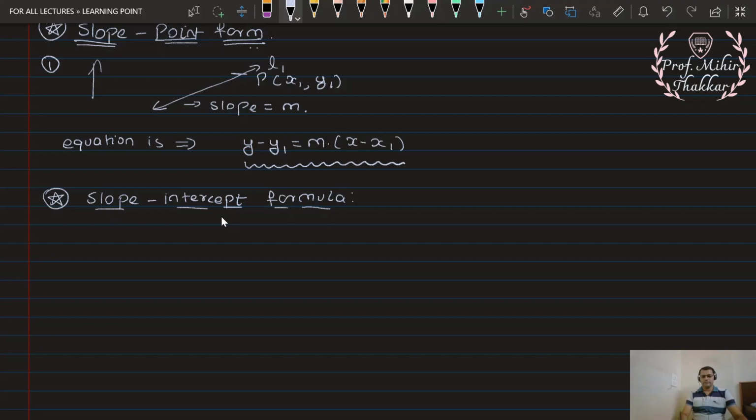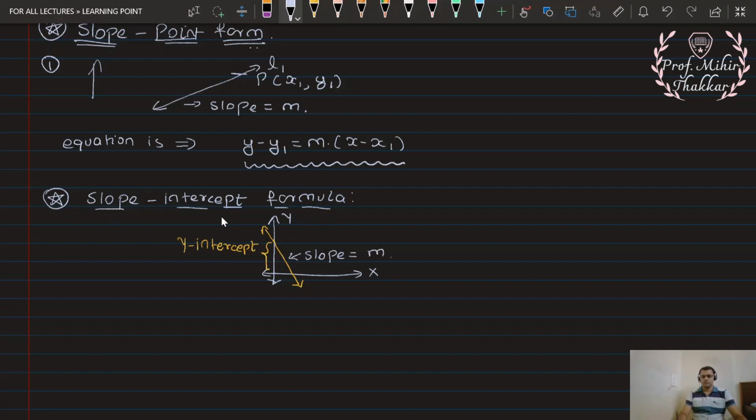According to the slope intercept form, if these are our x-axis and the y-axis, and suppose you have a line which is passing like this, the distance from origin to the point where the line touches the y-axis is called the y-intercept, and the slope of this line is equal to m.